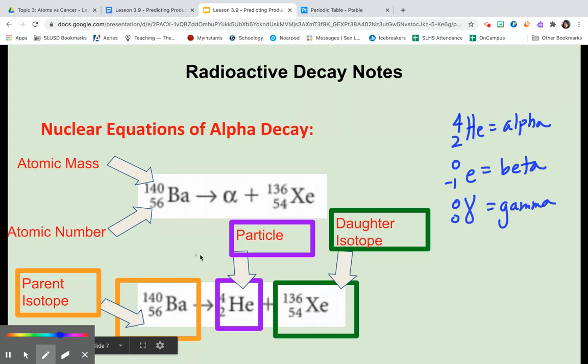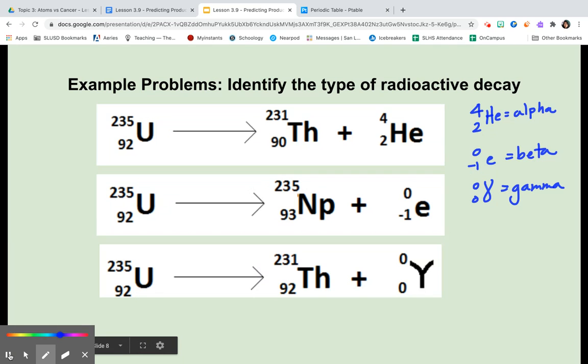If I did not know which one after the arrow was the particle or the daughter isotope, I could look at my notes on the right-hand side, and I might notice that 4,2He is this one. This is a representation of an alpha particle. So this one has to be the particle.